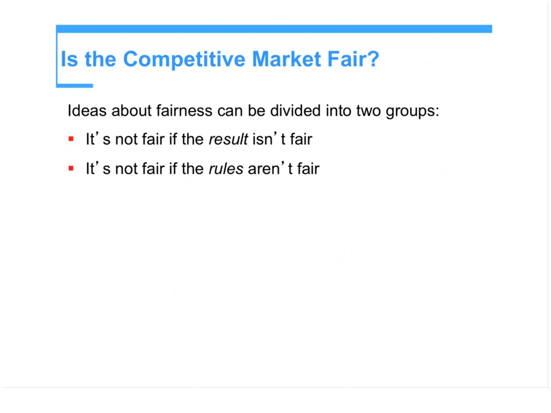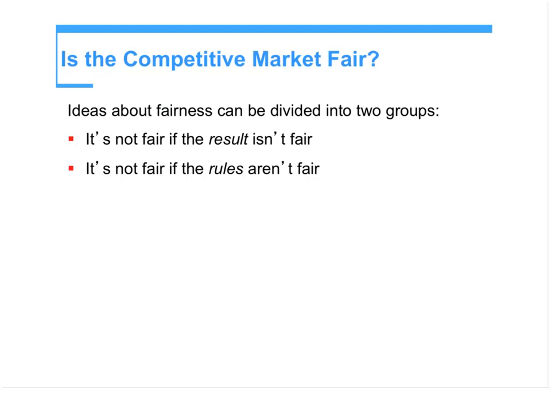Ideas about fairness can be divided into two. It's not fair if the result isn't fair, or it's not fair if the rules aren't fair. This is important when we talk about market fairness, because this is a very hot topic today. Can we say that the market isn't fair because the rules aren't fair, or can we not say that?